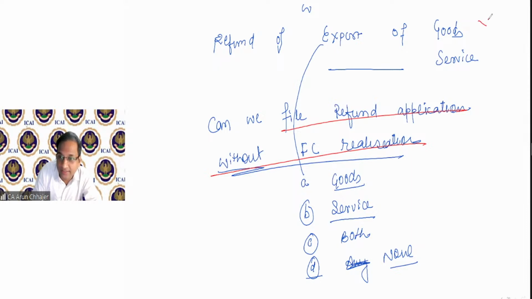For goods, the answer is yes, and for services, the answer is no. Meaning thereby, you cannot file the refund application for export of services without FIRC, foreign inward remittance certificate, or bank realization certificate. But for goods, you can file the refund application.